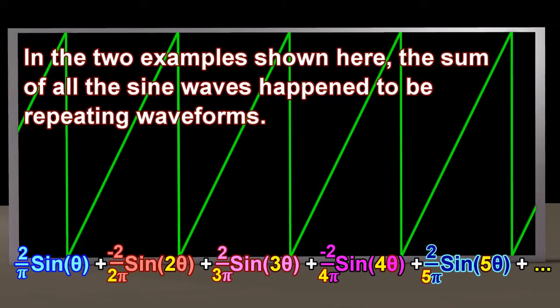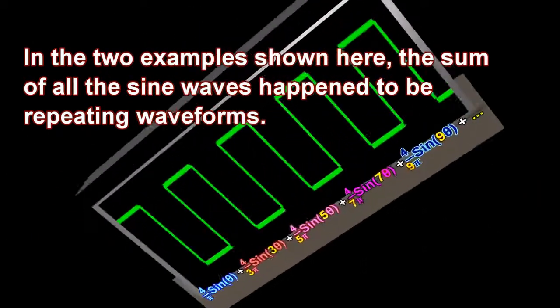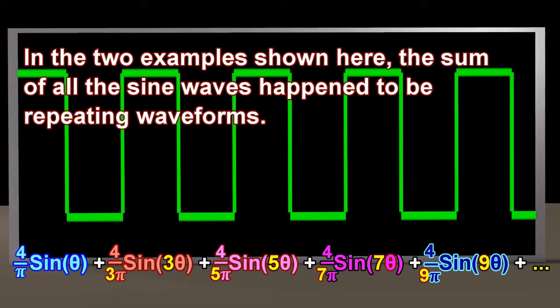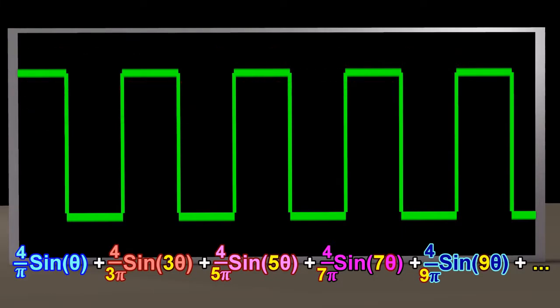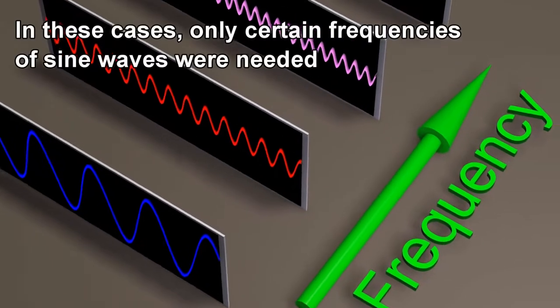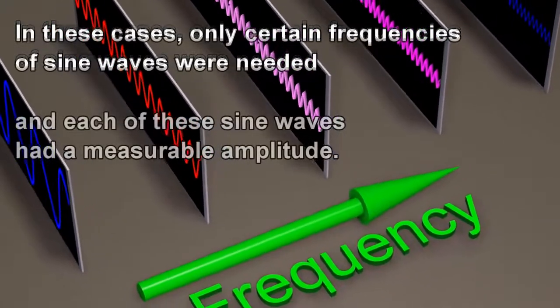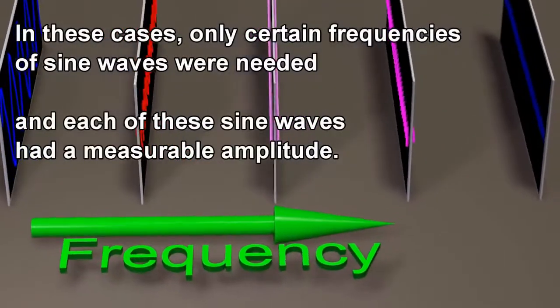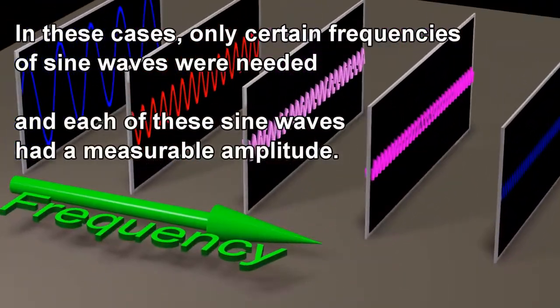In the two examples shown here, the sum of all the sine waves happened to be repeating waveforms. In these cases, only certain frequencies of sine waves were needed. And each of these sine waves had a measurable amplitude.